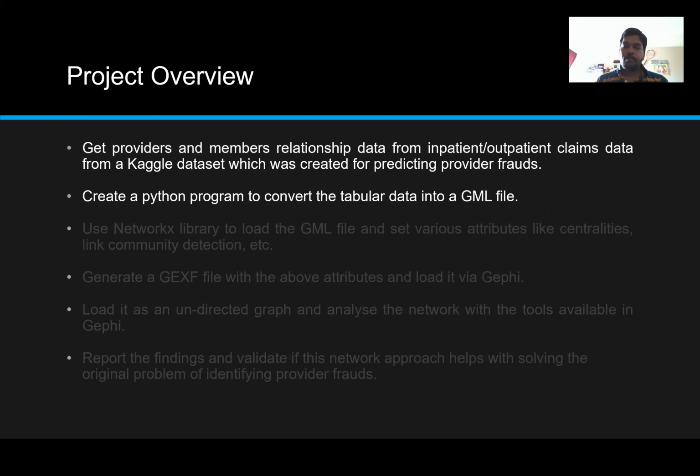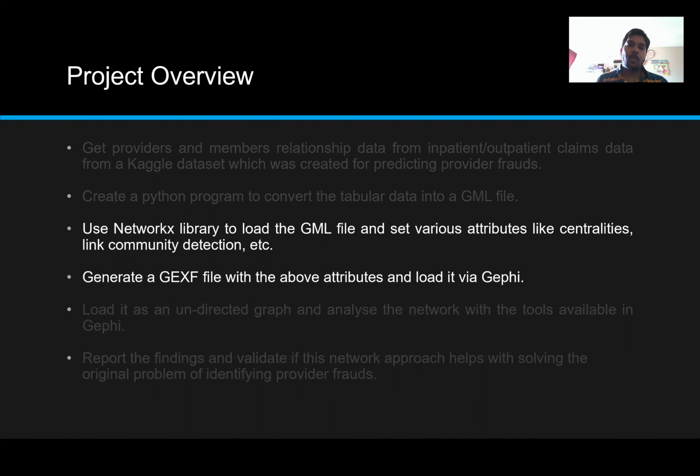And then I used the NetworkX library to load the GML file into a NetworkX graph, and then set various attributes like centralities and link community detection attributes. After setting all these attributes on the graph, I generated a GEXF file. So basically it's a GML file along with the attributes, and then I loaded this file into Gephi.